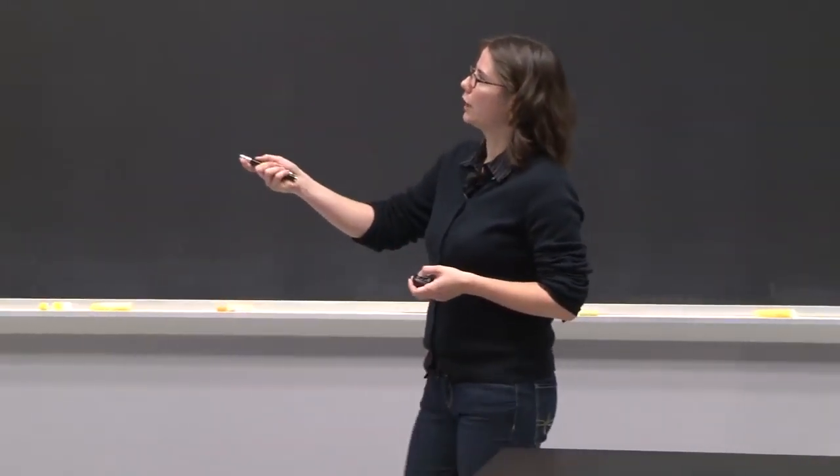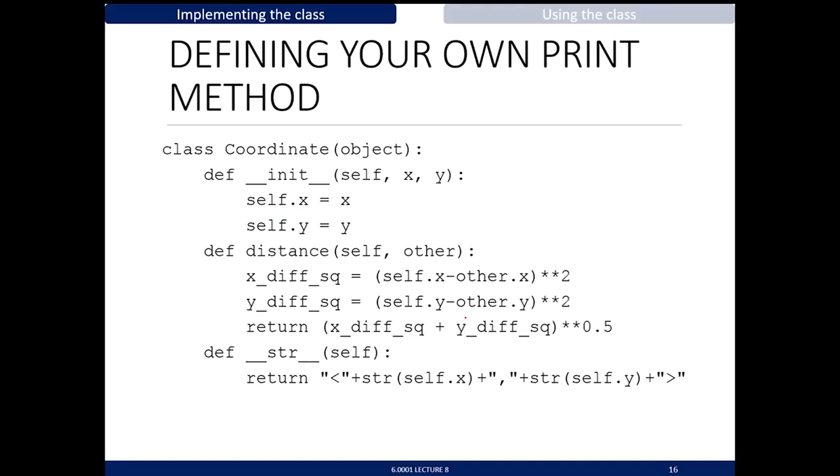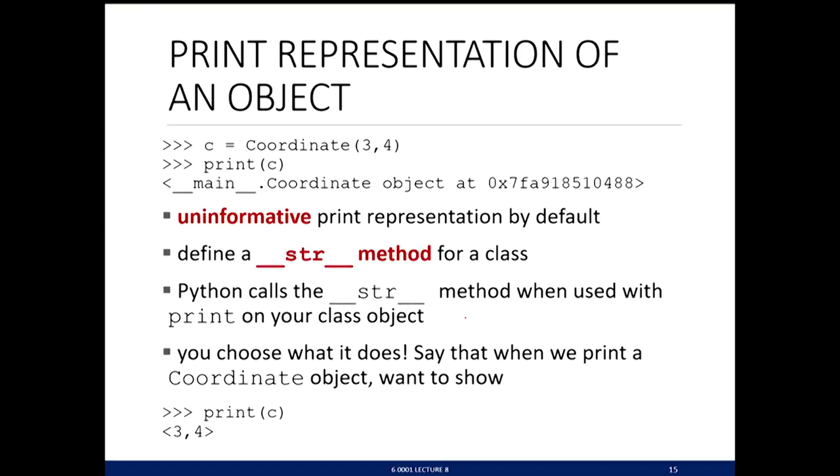So if you create a coordinate object, c is equal to coordinate(3, 4), that's what we've done so far. If you print c, you get this funny message. Very uninformative. It basically says c is an object of type coordinate at this memory location in the computer, which is not what you wanted at all. Maybe you wanted to know what the values for x and y were.